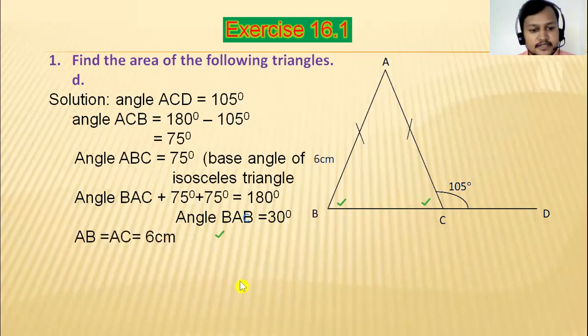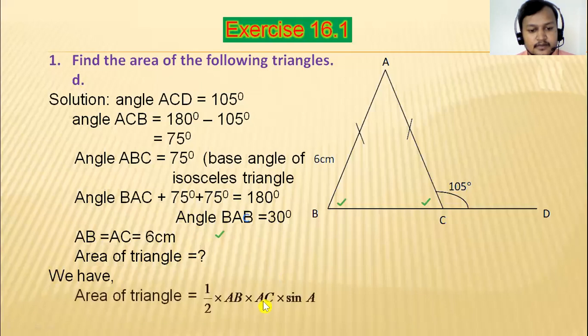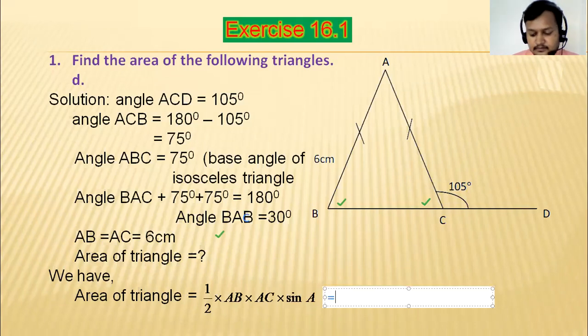AB is equal to AC is equal to 6 centimeter, and area of this triangle is equal to 1/2 AB into AC into sine angle A. Can you put the values here? Yes, sir. 1/2 into 6 into 6 into sine A.